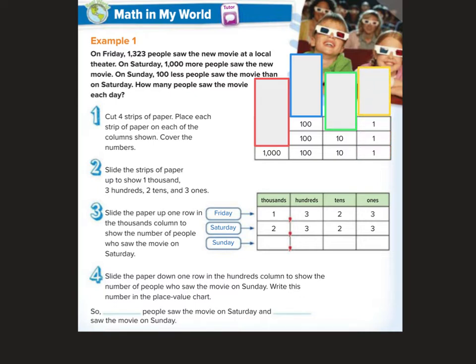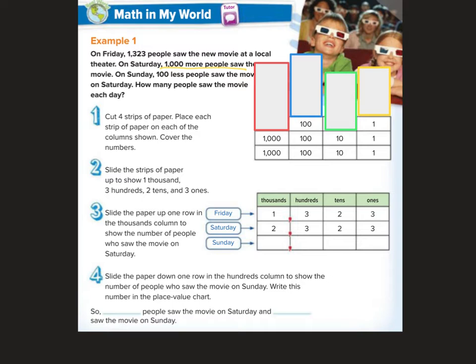Okay, it says slide the paper up 1 row in the thousands column to show the number of people who saw the movie on Saturday. So 2,000 people, 2,323 people saw it on Saturday because we know that 1,000 more people saw the movie on Saturday.